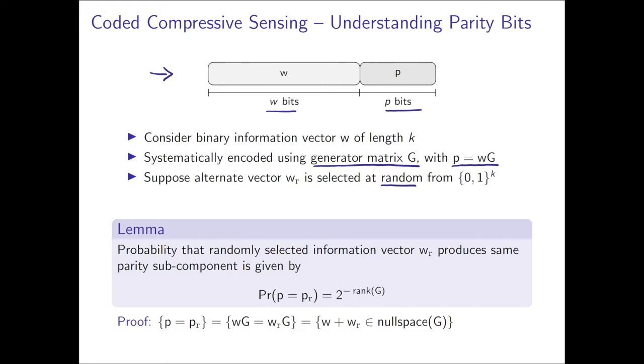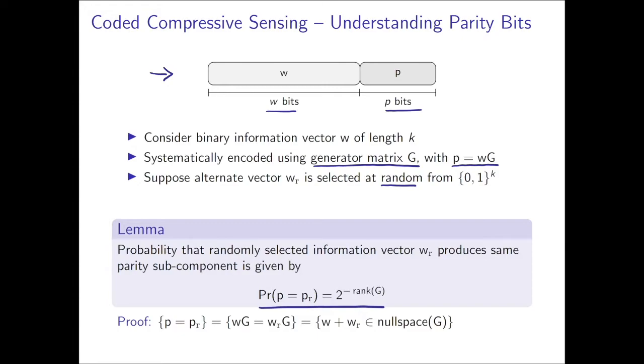The probability that a randomly selected information vector w_R produces the same parity pattern as a subcomponent is simply 1 over 2 to the rank of the generator matrix. We should mention here that the parity pattern is computed using modulo 2 arithmetic. The proof is simple.